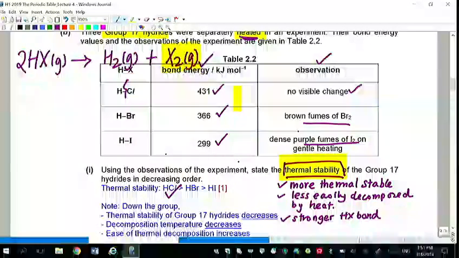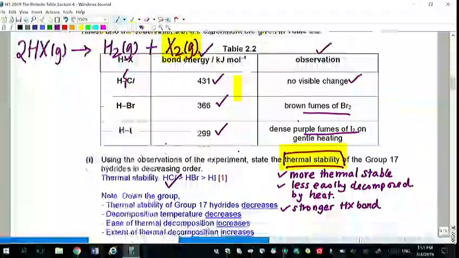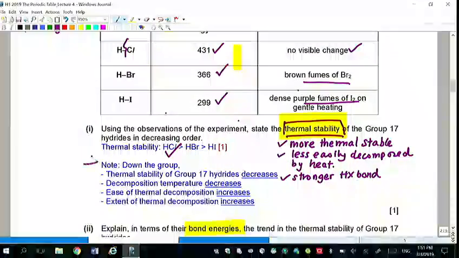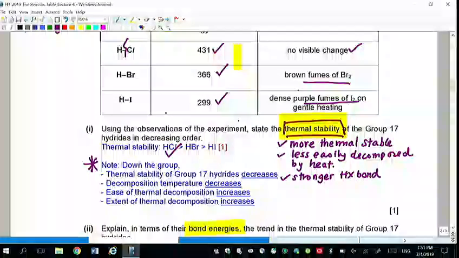More importantly, I need you to take note that there are many different ways to represent thermal stability. I can say that thermal stability of group 17 hydrides decreases down the group. Another way I can phrase it is that they can ask you to describe the trend of the decomposition temperature down the group.